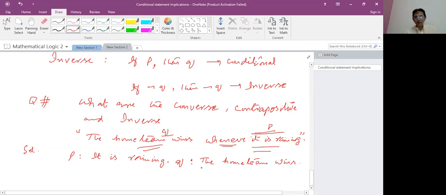So when we determine P and Q, after that we will convert it into conditional statement, converse statement, contrapositive statement, and inverse statement. So first we convert it into conditional statement.